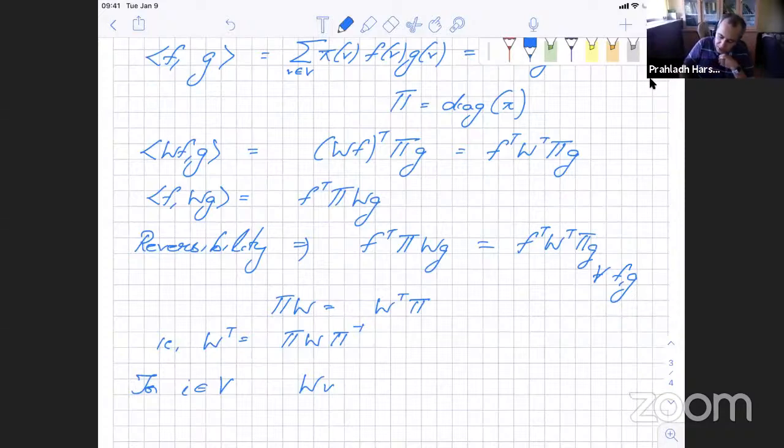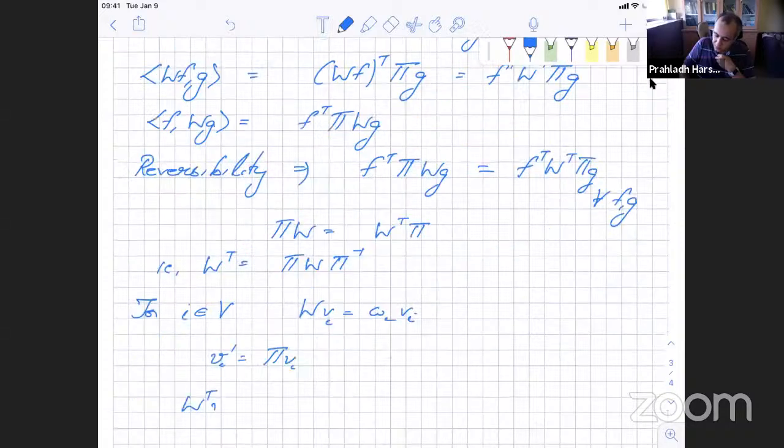Now let's define v_i prime to be pi v_i, and let's look at what happens to W transpose v_i prime. What is this? This is pi W pi inverse, and this is just pi v_i.